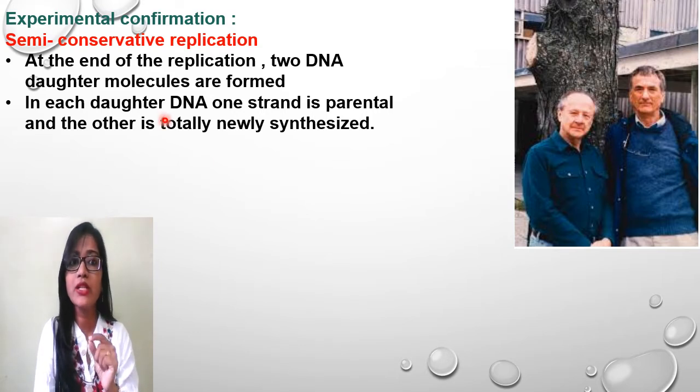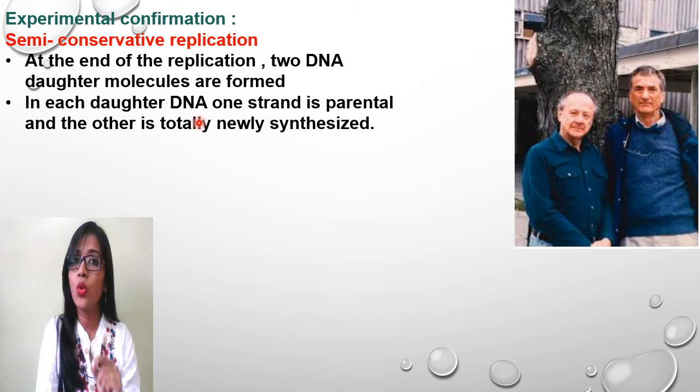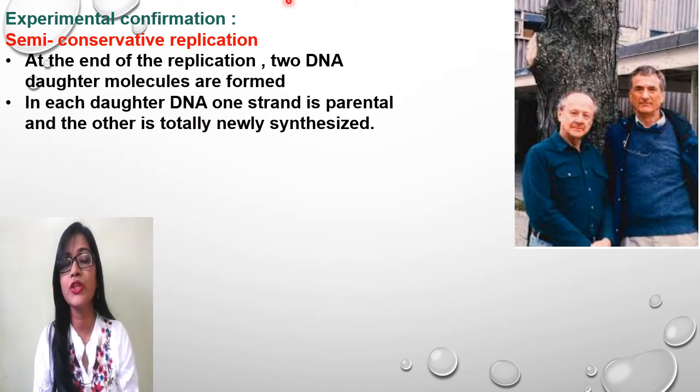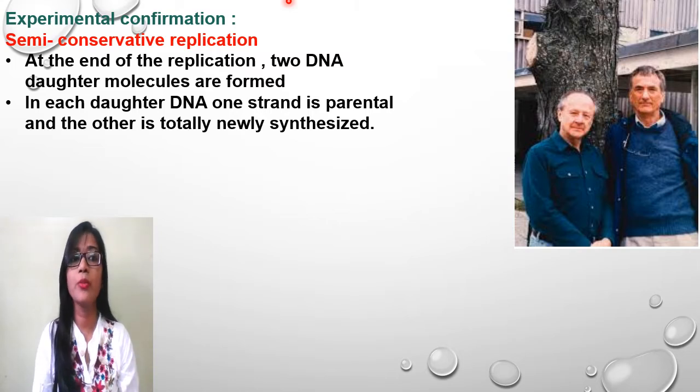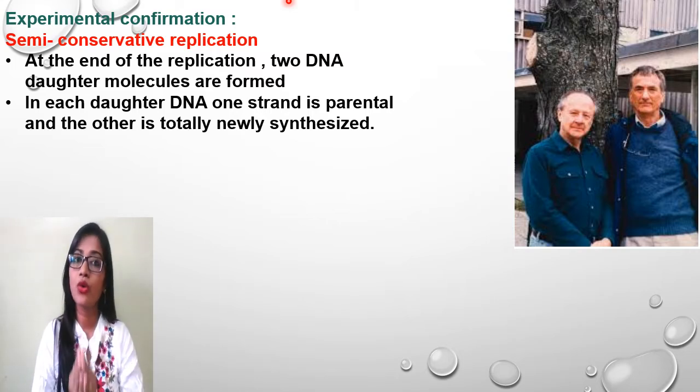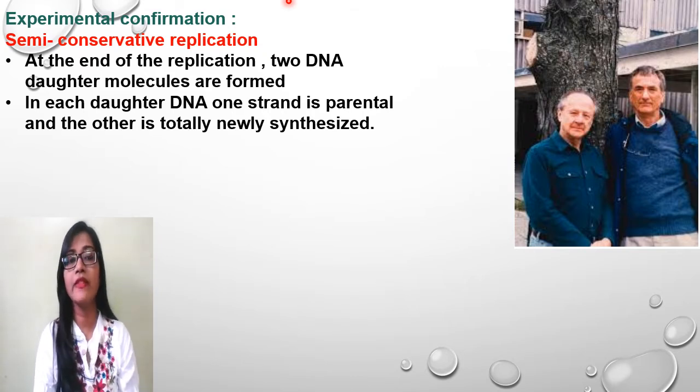So 50% of the DNA is old strand, while the other 50% is newly formed, and because of that this process is called semi-conservative replication. It was experimentally proved by Meselson and Stahl, and their experiment is known as the Meselson and Stahl experiment.